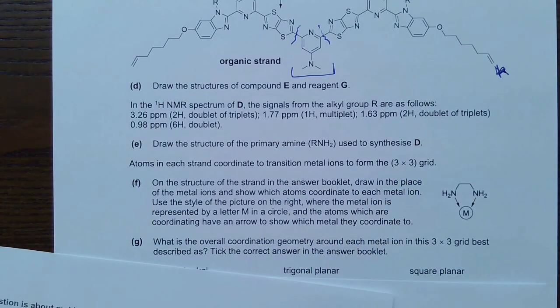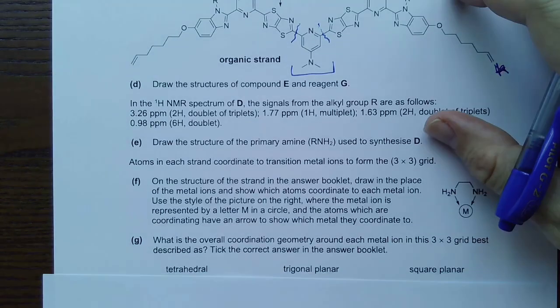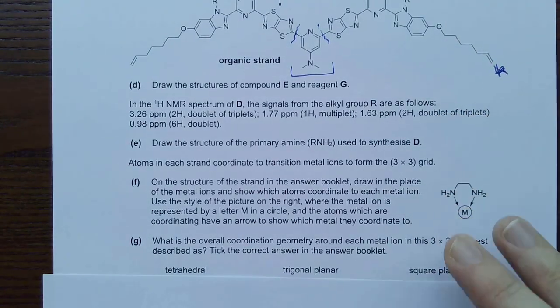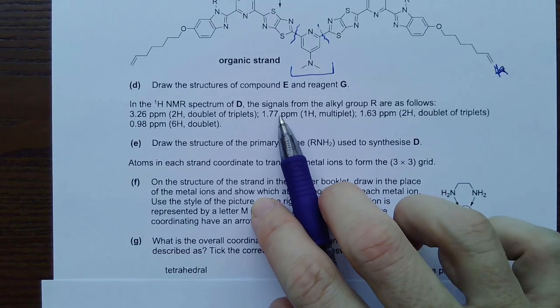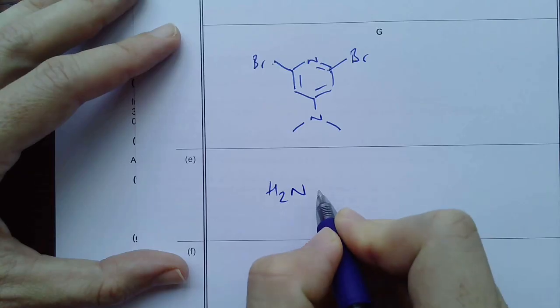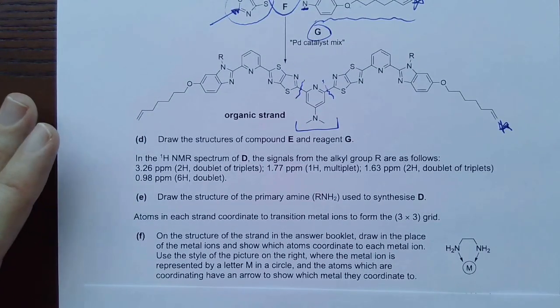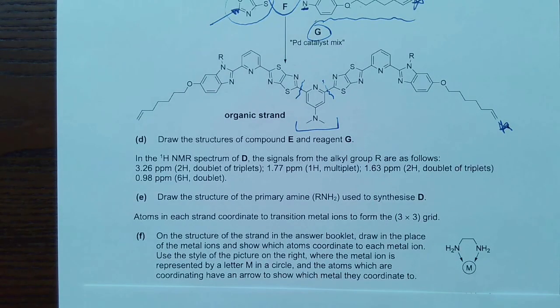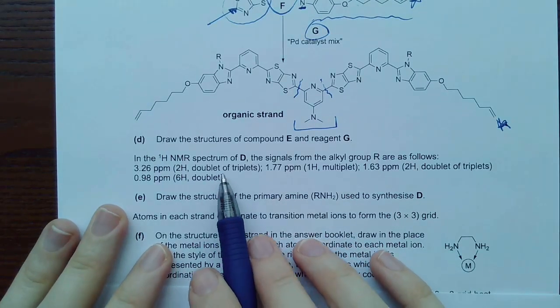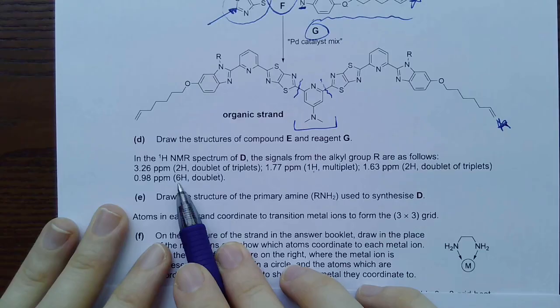Okay, so the way that I would do this is I would just try and work out what the primary amine is based on this data. Okay, so I'm going to have a primary amine, H2N, and then there's going to be a carbon chain, and then we're going to have a doublet of 2 hydrogens, 1 hydrogen, 2 hydrogens, 6 hydrogens.